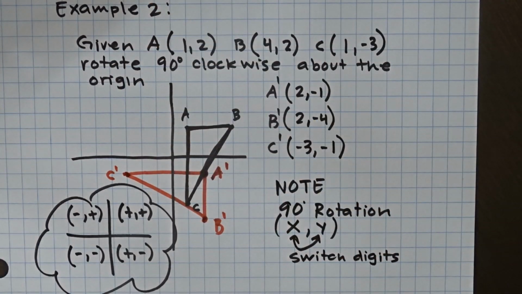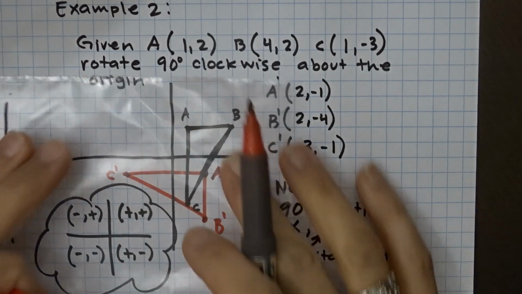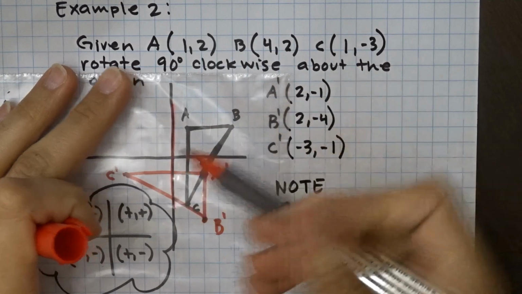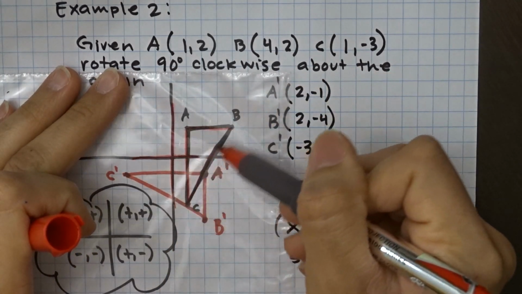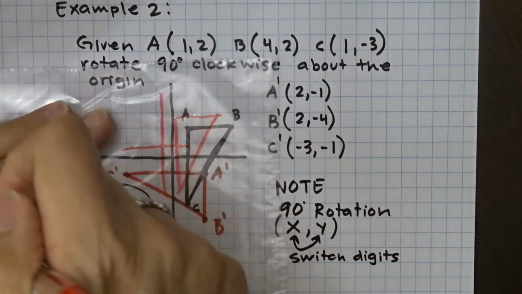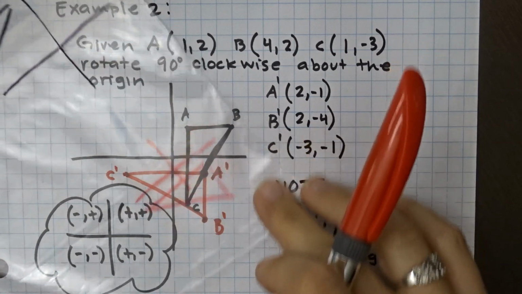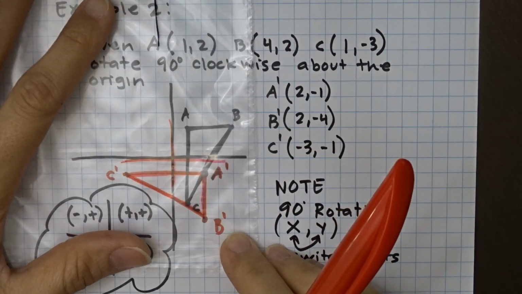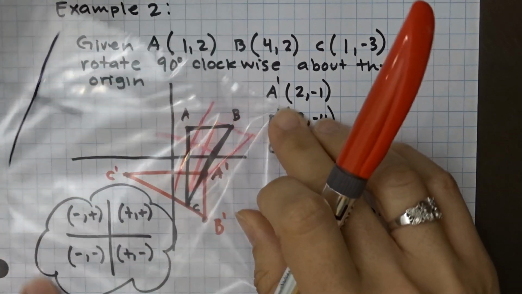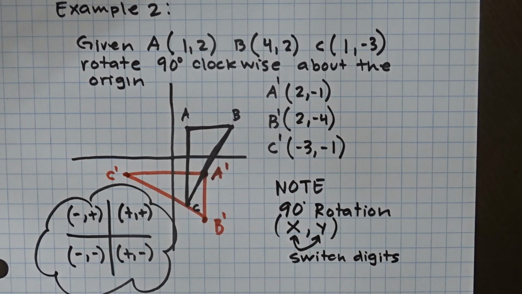And that is my 90-degree rotation. And I can also show it with the patty paper. That's my original image. And when I rotate it, it lands perfectly on the bottom. All right, so there you go.